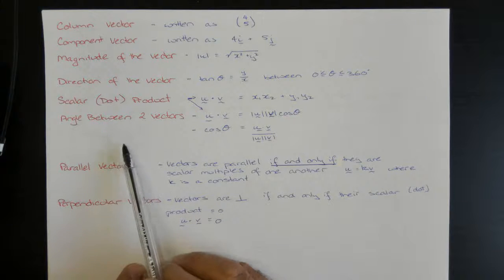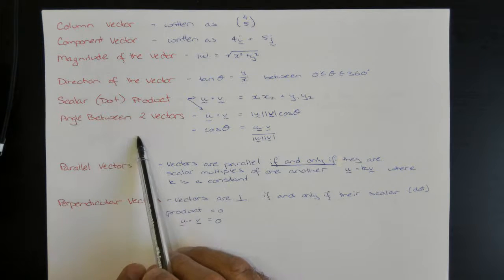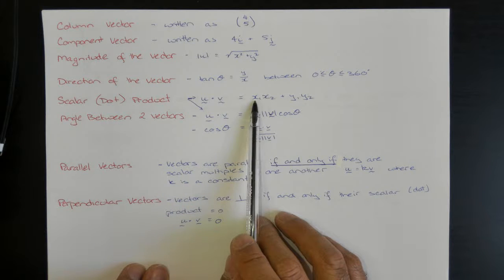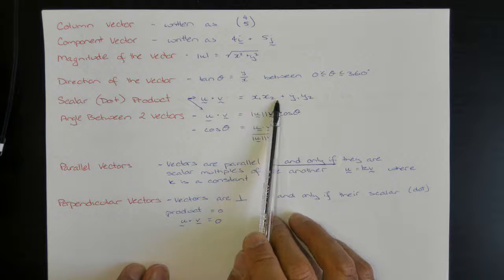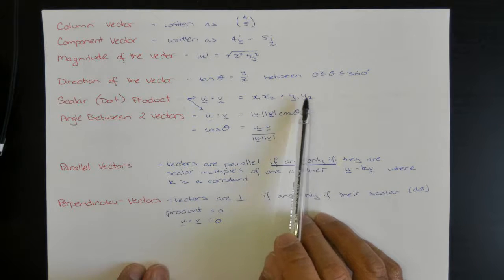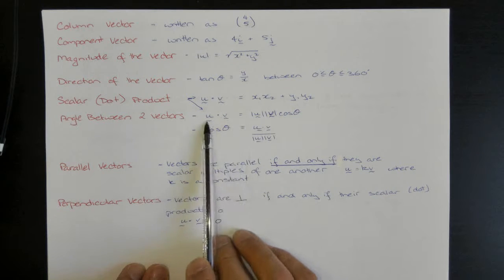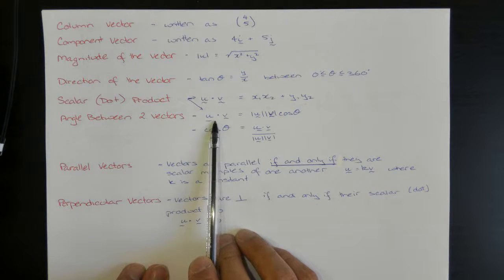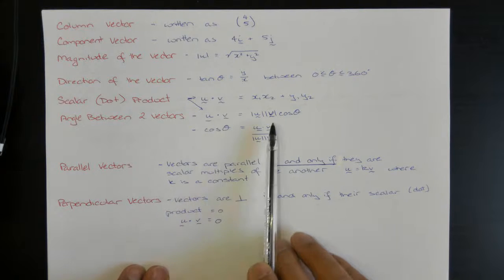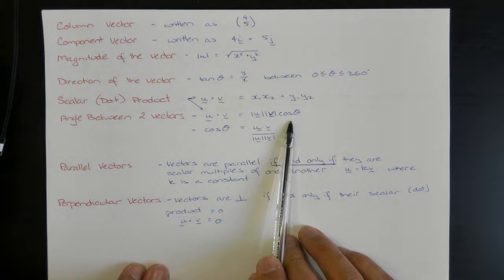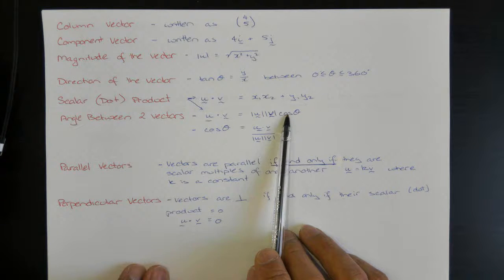The scalar product and the angle between 2 vectors relate. So the scalar product is u dot v, which is where we have 2 vectors and we multiply the i components together and add that to the product of the j components. Or we can do the scalar product u dot v as the magnitude of u times the magnitude of v times cos of the angle between the 2 vectors.